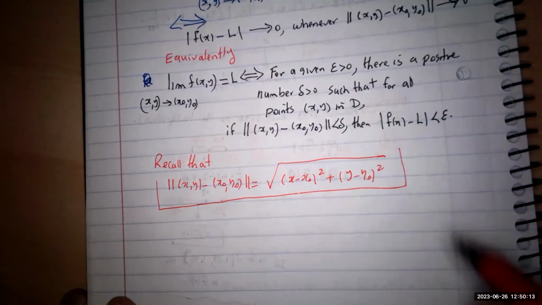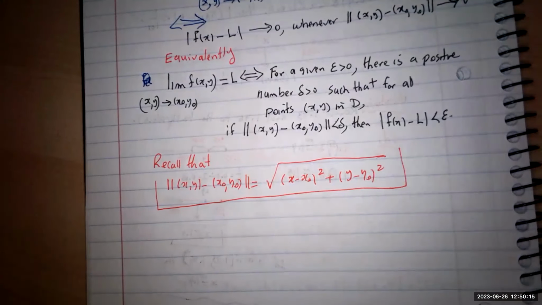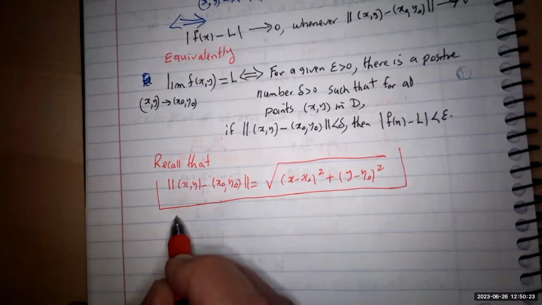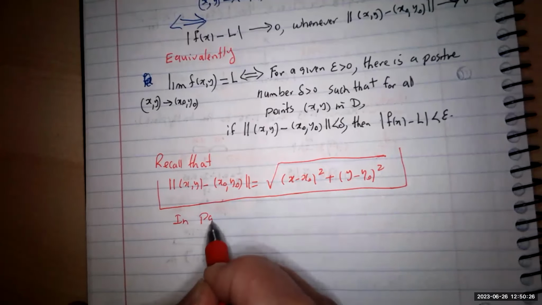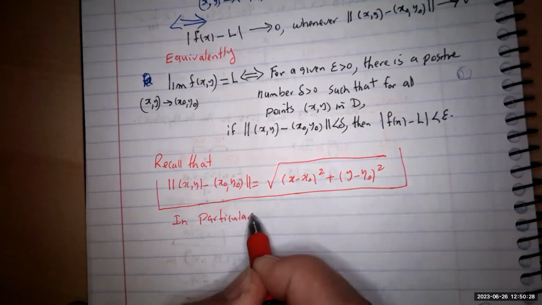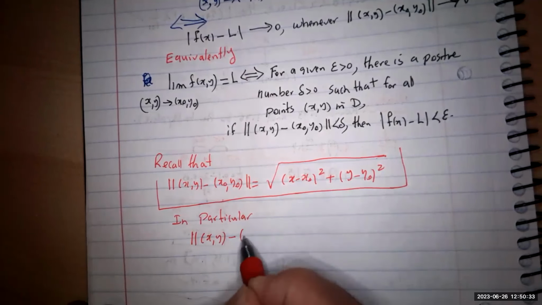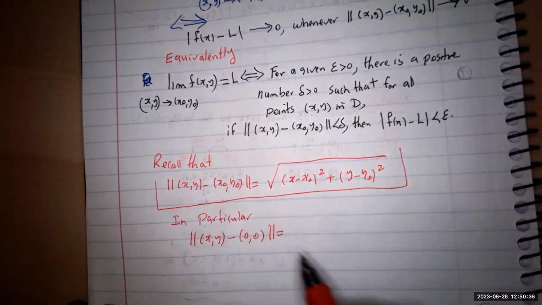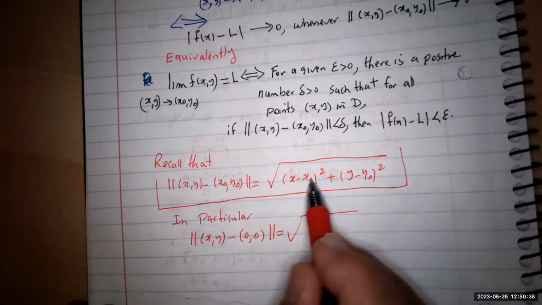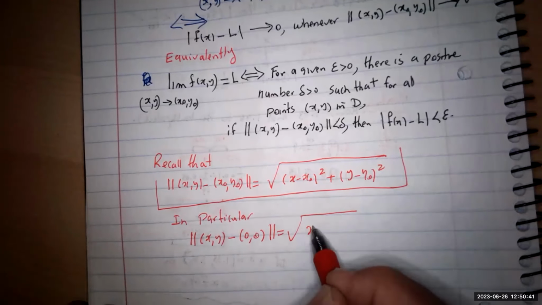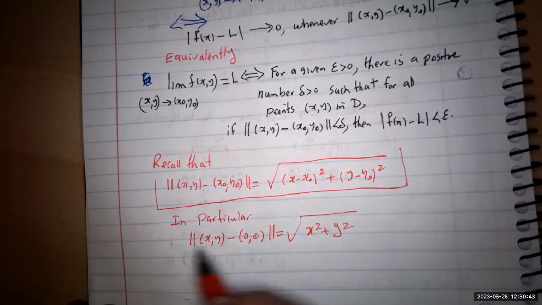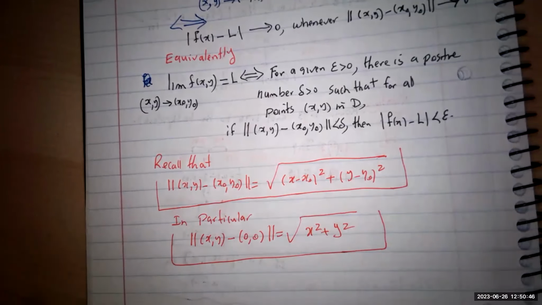We just keep it as is. Especially if it is going to be 0, 0, you need this one only. In particular, if you have the limit at 0, because we use the 0 only, in that case x0 and y0 would be 0, so simply we get x squared plus y squared. Okay, that's it.